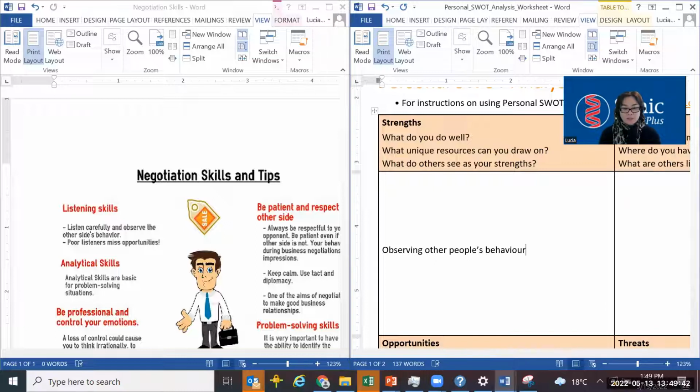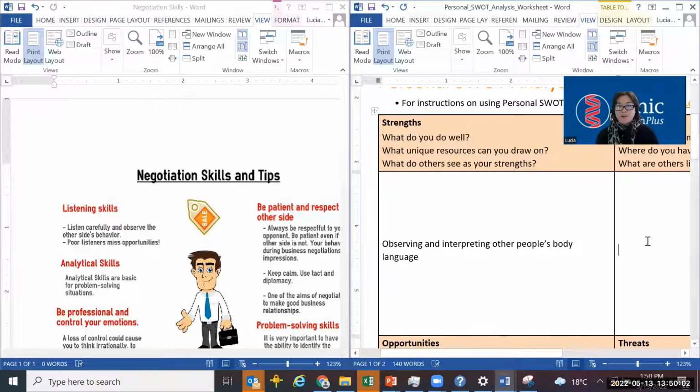Very observant, and also not just observing, and interpreting other people's body language would be the right way to say it.